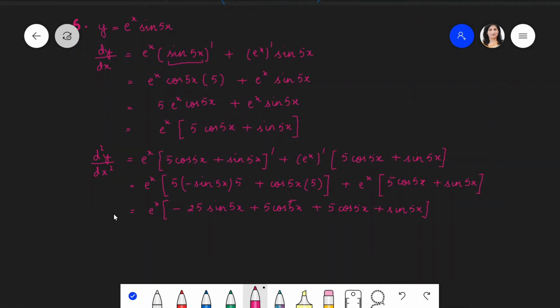So once again, still more simplification can be done, and writing the positive term first. So that is 10 cos 5x, and then the sine terms, which is minus 24 sine 5x.